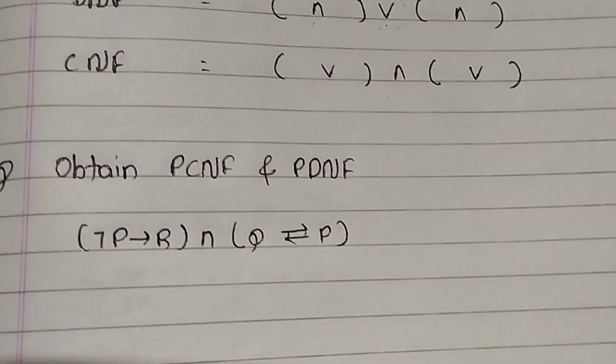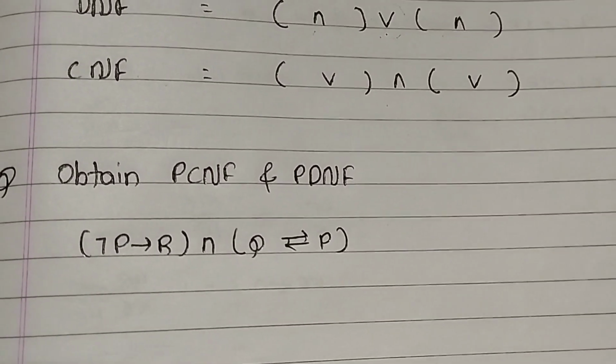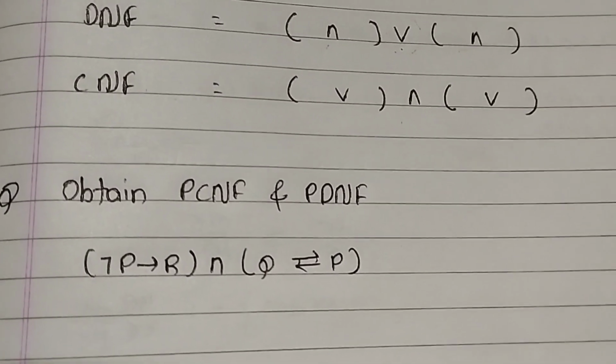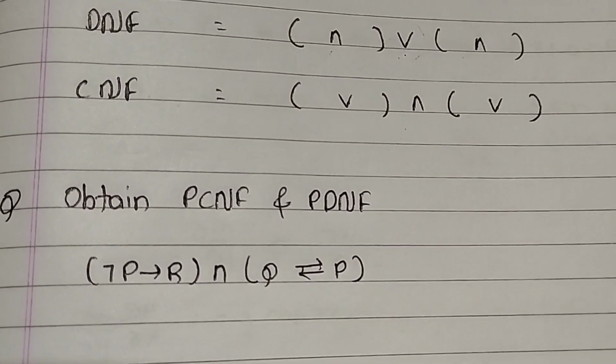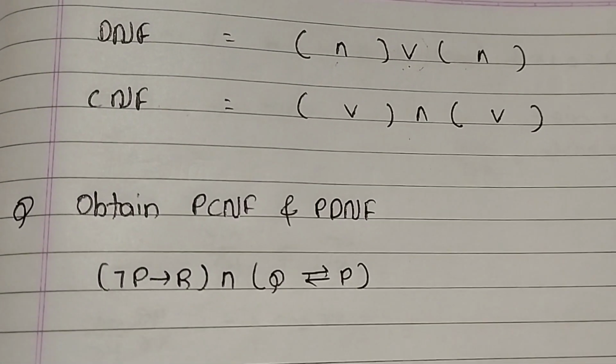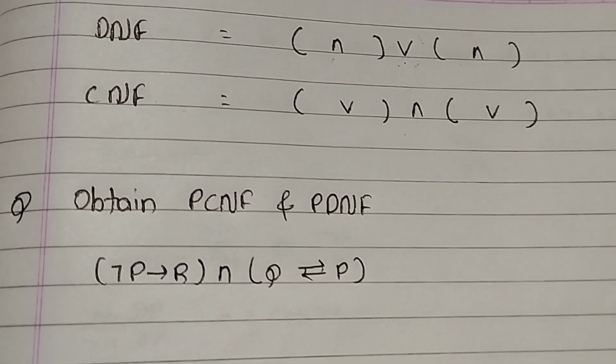PDNF is the disjunction of minterms, and minterms are elementary products having P or negation P and Q or negation Q, but not both in the same term. That's called a minterm. And PDNF is the disjunction of the minterms.